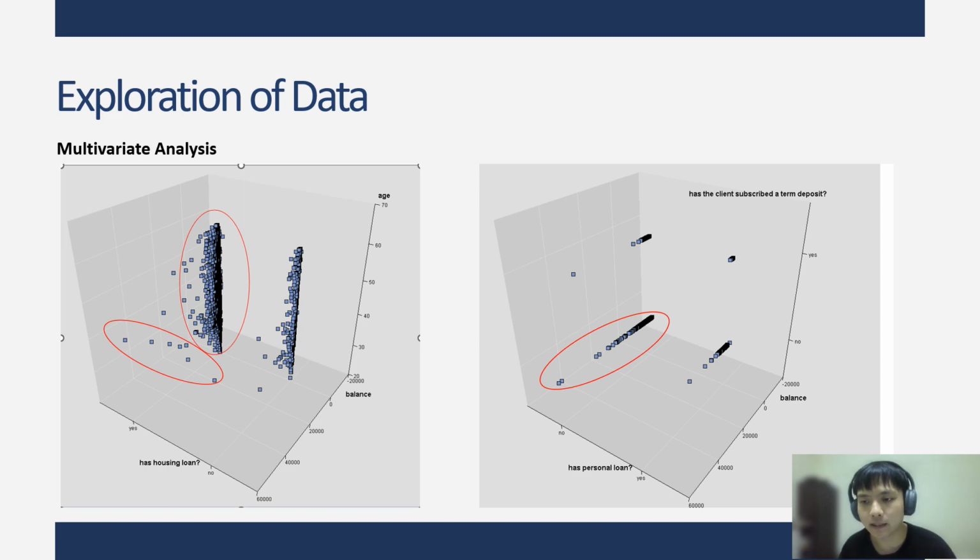Therefore, people with a higher balance in the bank tend to buy housing loans compared to customers with a lower balance in the bank. The right graph shows us that regardless of whether they have a personal loan or not, customers with a high or low balance in the bank tend not to subscribe to a term deposit in the bank. And at the same time, they tend not to have a personal loan.